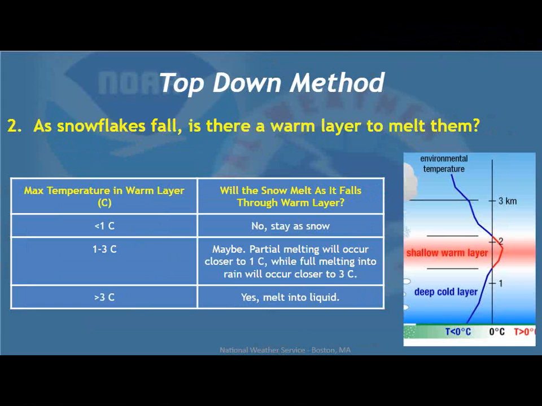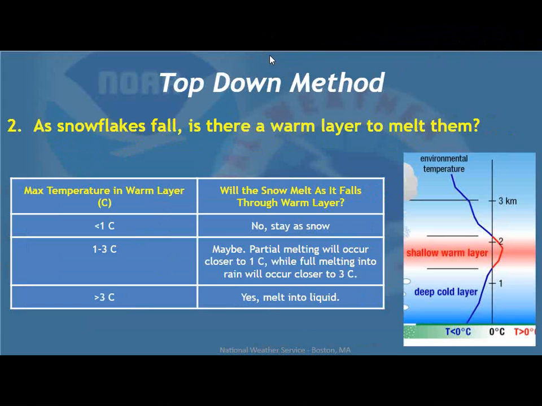Sometimes you can have a warm layer of, let's say, 1 Celsius or 34 degrees Fahrenheit, but if that layer is so shallow, it's not deep at all, you can still get snowflakes at the surface, but they will be kind of rimed snowflakes, so they're not as nice and don't accumulate as efficiently. But you can still get snowflakes even if the temperature profile is not quite all the way below 0 Celsius.